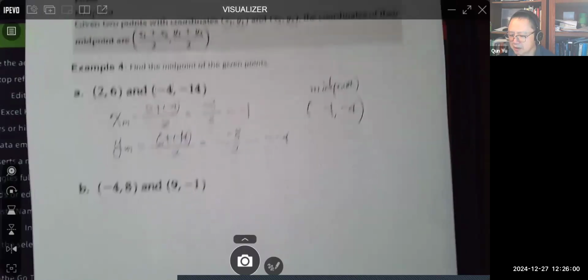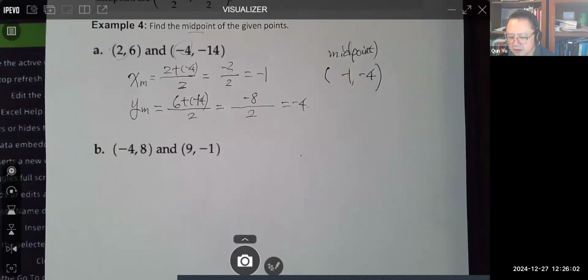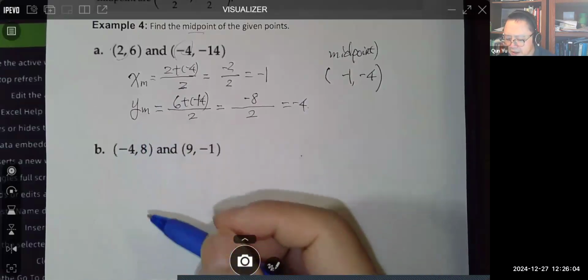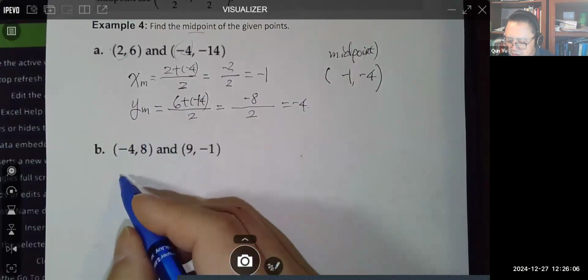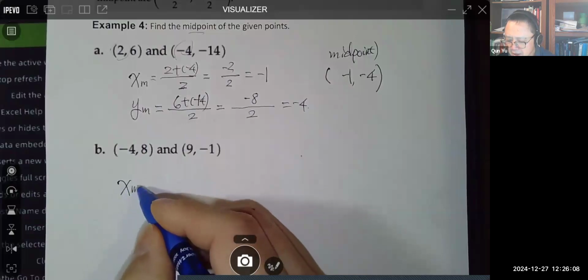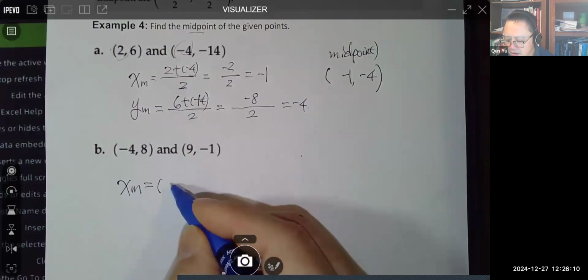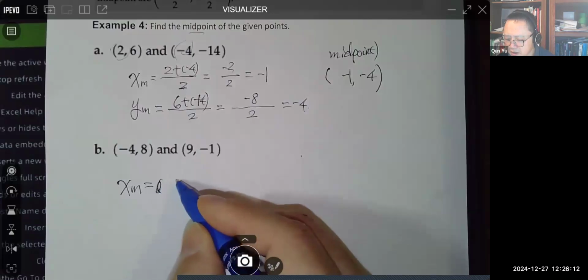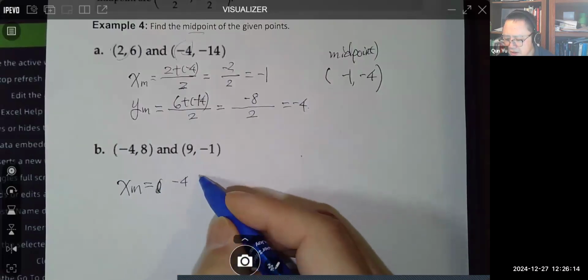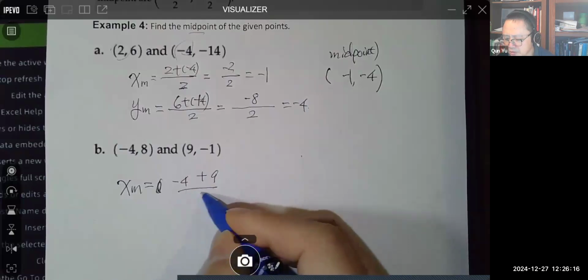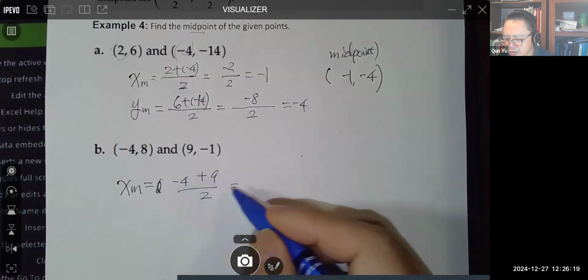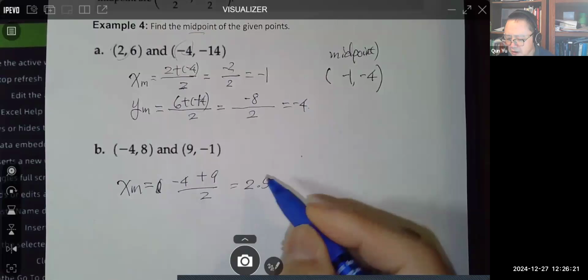Now, part B, this is the last one. There's no difference between this one and the previous one, just another practice problem. The midpoint x coordinate equals, we don't have to use parentheses, -4 plus 9 divided by 2. So that's 5 divided by 2, that's 2.5.